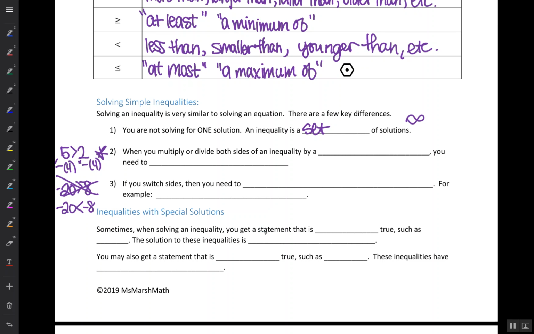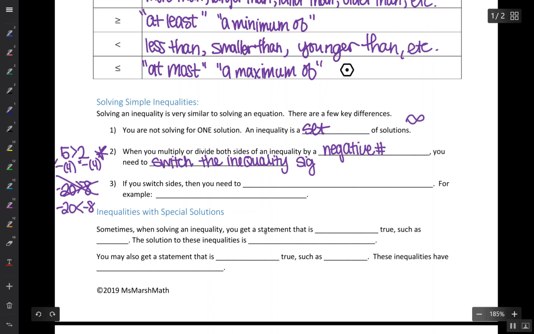So there's this property of inequalities that basically says when you multiply or divide both sides of an inequality by a negative number, you need to switch the inequality sign. So let's say I have this problem here. -2x is less than 10.